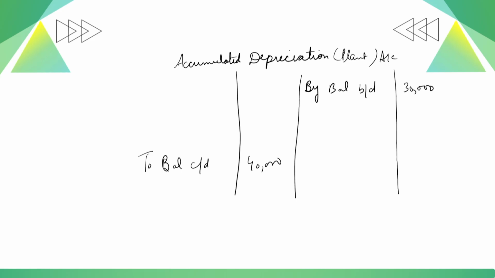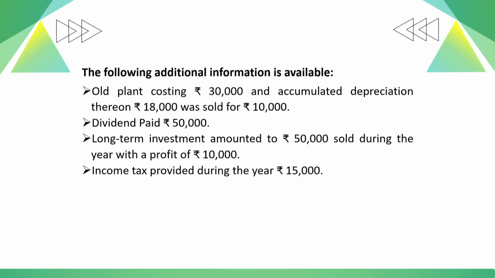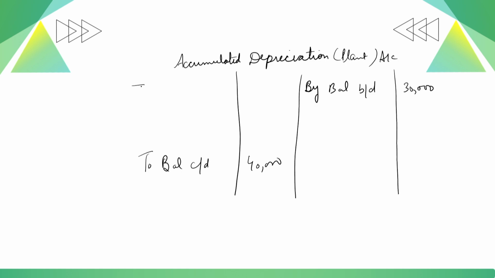The additional information says that an old plant costing rupees 30,000 with an accumulated depreciation of 18,000 was sold for rupees 10,000. So this accumulated depreciation is to be treated in this account on the debit side. So we put it here, to plant account, amounting to rupees 18,000, taken from the additional adjustment given.